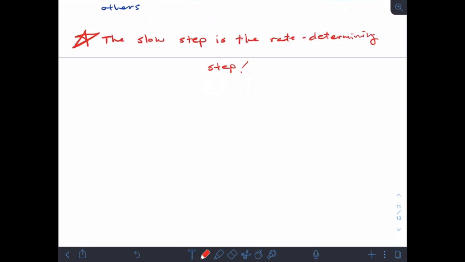There's always one person in that group that takes longer than everyone else to get out of the hotel. How fast you get to your destination is dictated by that one person that takes forever to get out of the hotel. So in reaction mechanisms, the rate of the entire process is determined by the slow step.